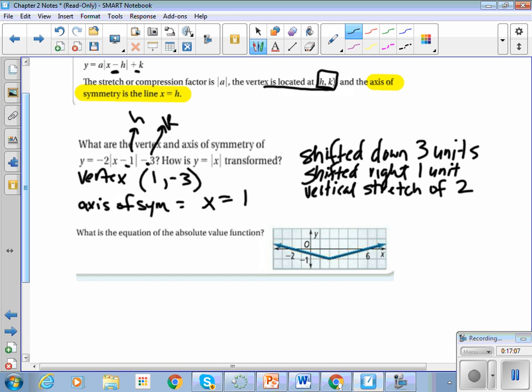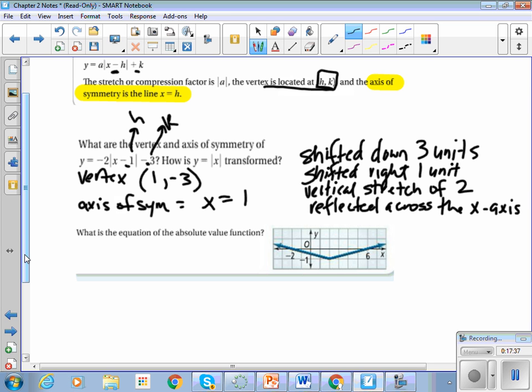And what does the negative do to that function? It flips it across the x-axis. So all of that happened to our poor little parent function.